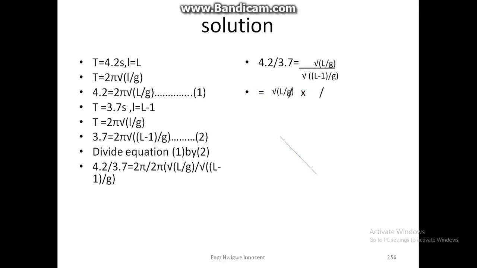The g will cancel out. We have square root of L over g times square root of g over L minus 1. We now have 4.2 over 3.7 equals square root of L over square root of L minus 1.